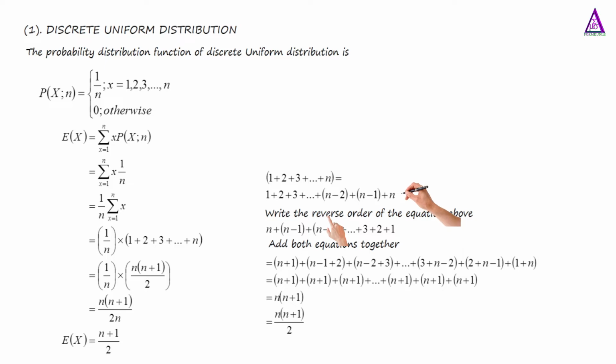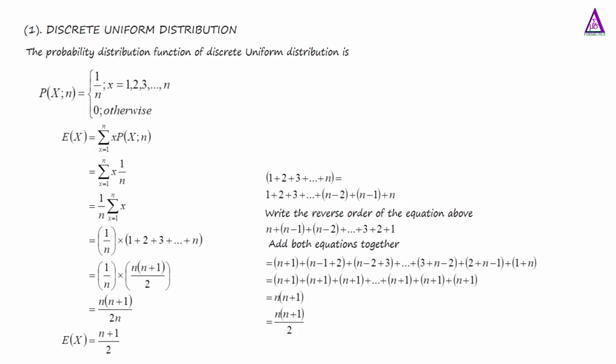That is, write 1 plus 2 plus 3 plus ... plus (n minus 2) plus (n minus 1) plus n. Write the reverse of it, which is n plus (n minus 1) plus (n minus 2) plus ... plus 3 plus 2 plus 1.